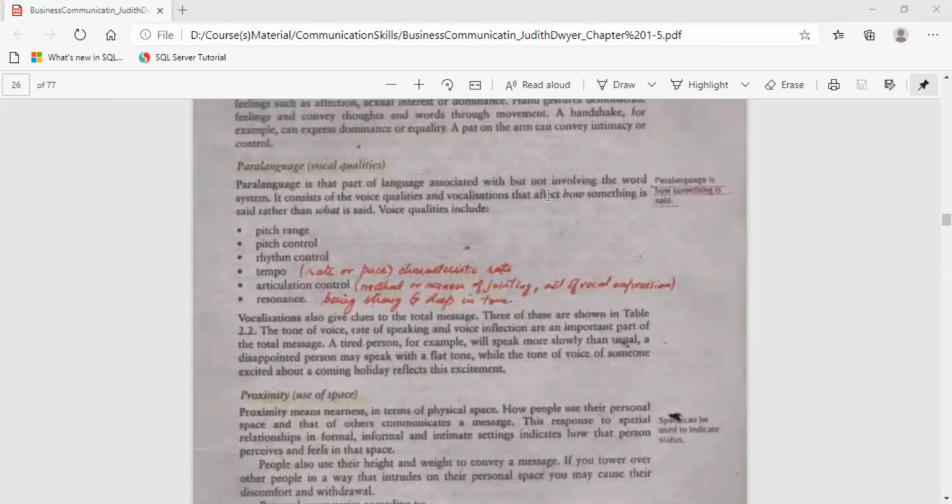Whereas the second one, voice qualities, are volume, pitch, tempo, rhythm, articulation, resonance, nasality, and accent as well. So they give each individual a unique print. Whereas the last one is vocalization. Vocalization consists of three subsections: the characterizers, qualifiers, and segregates.